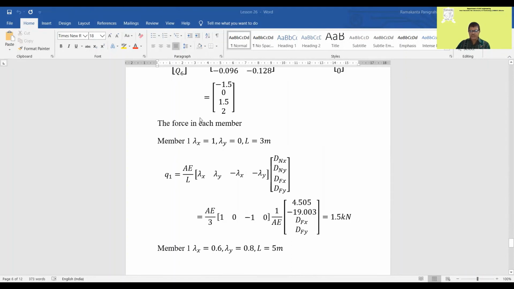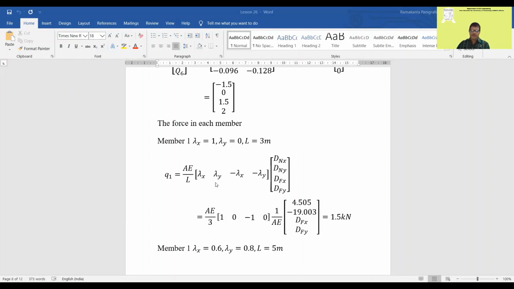Once you find Q3, Q4, Q5, Q6, you can find the force in each member. So for member 1, what is Q1? It is AE by L times lambda x, lambda y, minus lambda x, minus lambda y, into dnx, dny, dfx, dfy. N means near end, F means far end. We put the values 1, 0, minus 1, 0 for member 1.